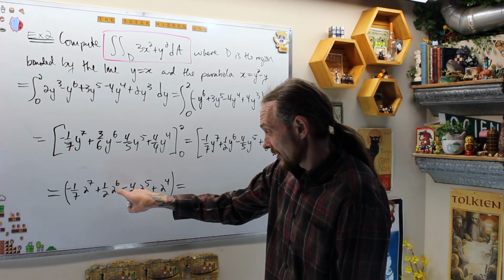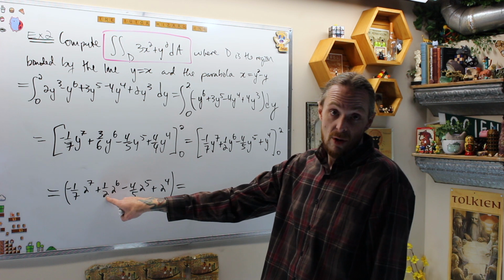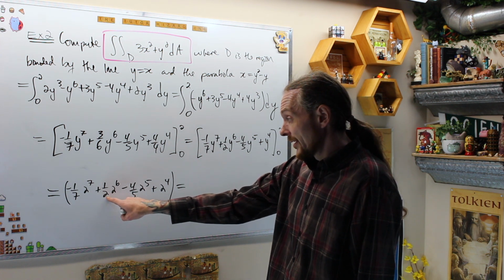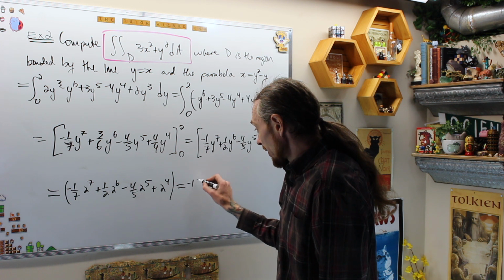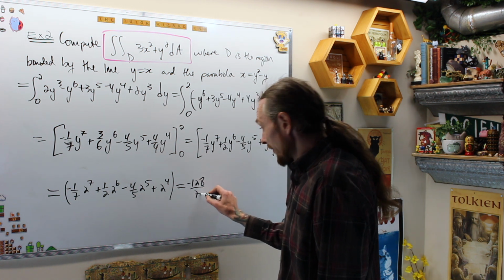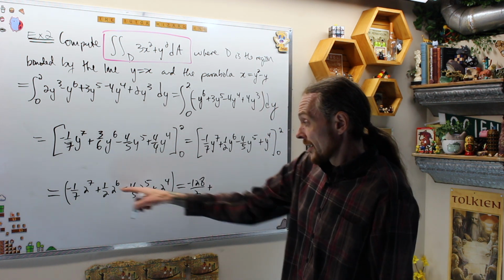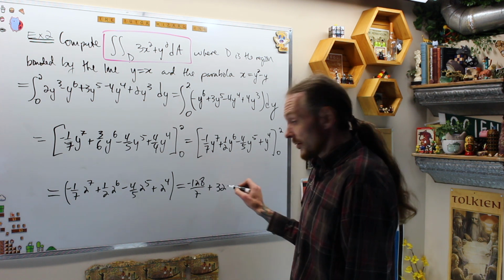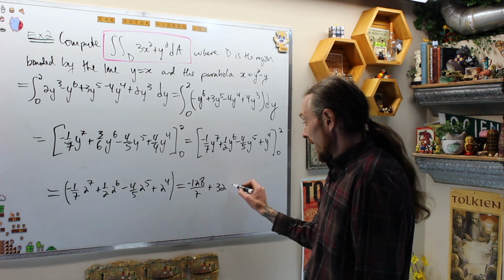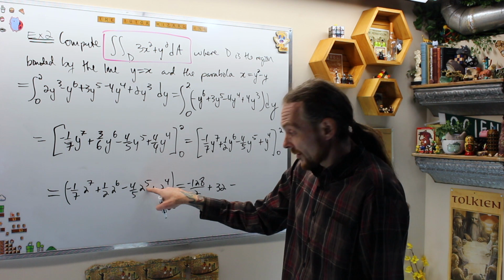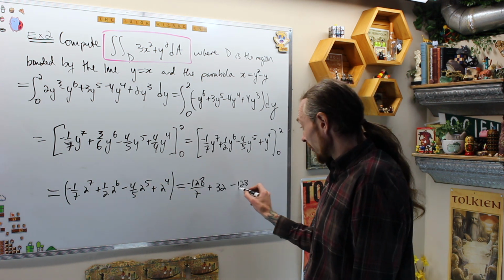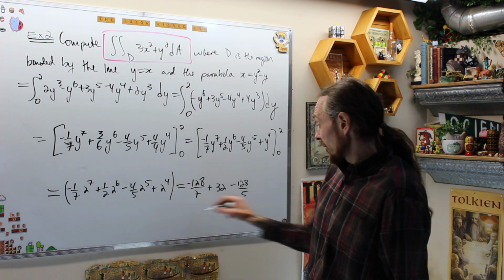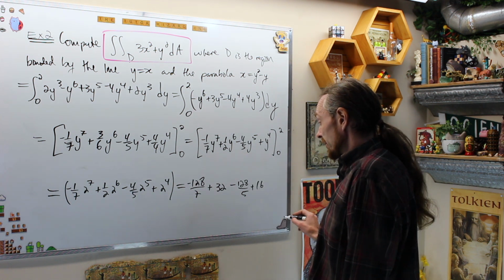I see that this is going to be 2 to the 6 minus 1, so I can get 2 to the 5. And what is that going to give me? So here I get negative 128 over 7 plus 32, 2 to the 5, minus, again, 4 times this guy is 128 again, to the power of 7 over 5, and then plus 16.